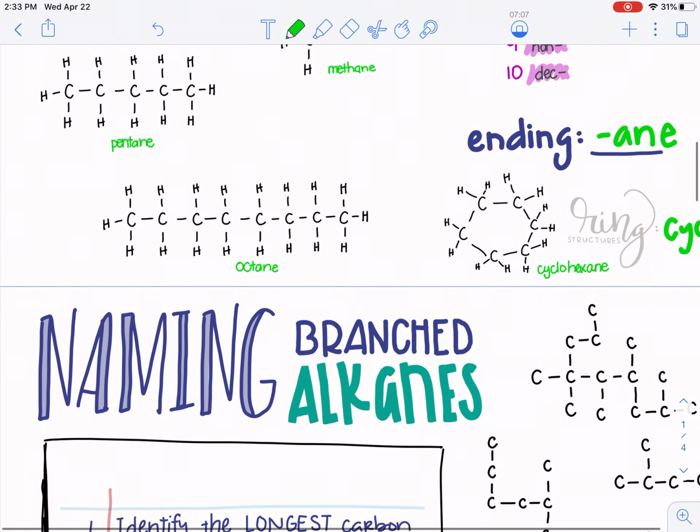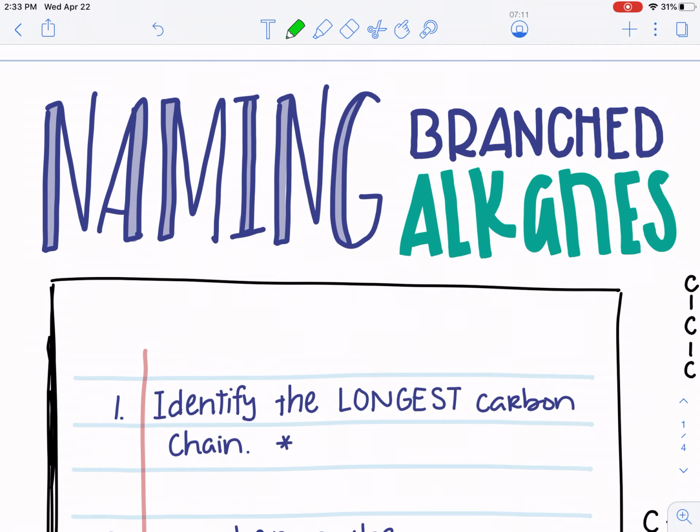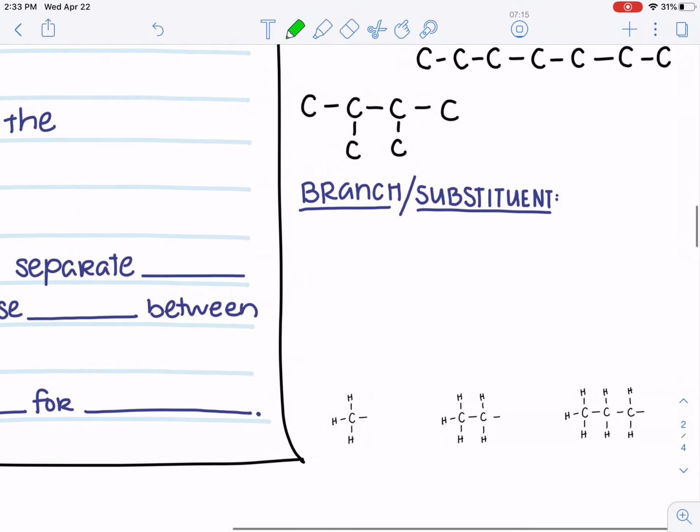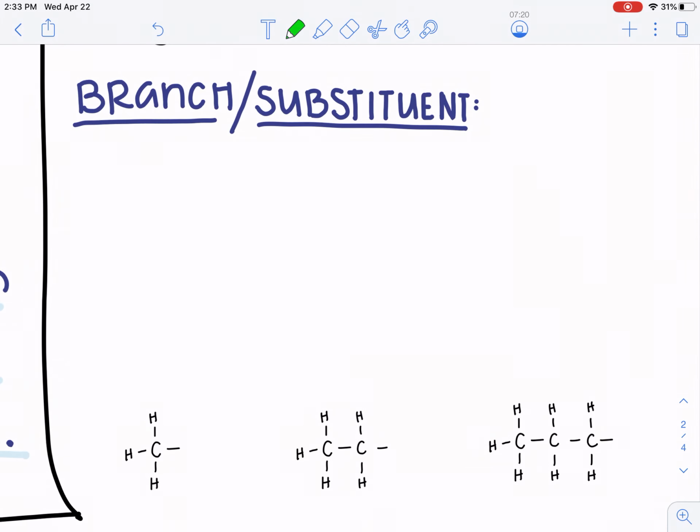All right, this again, kind of a review of the last time we learned this. This is the thing that makes this chapter brand new and so much fun. So we get to name branched alkanes. And we're going to go down here to the side to talk about a branch or a substituent. Substituent's probably the fancier word for this, but branch is acceptable.